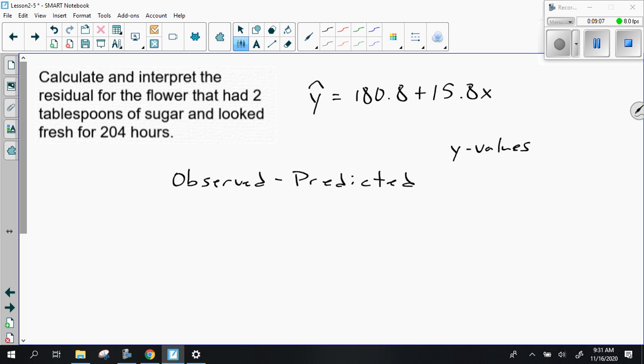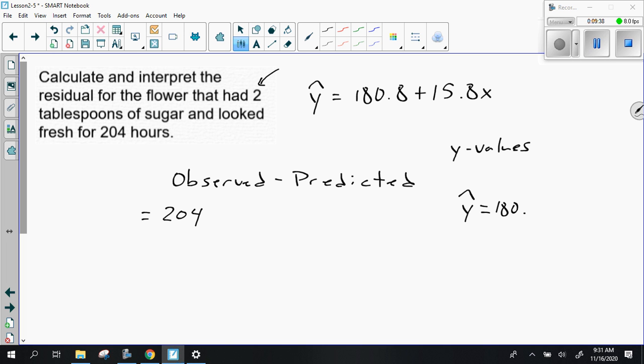So it looks like we had an observed value of 204. What would our predicted value be? In order to find our predicted value, that is y hat. That's what y hat is. And we want to know, what would our predicted value be for 2 tablespoons of sugar?